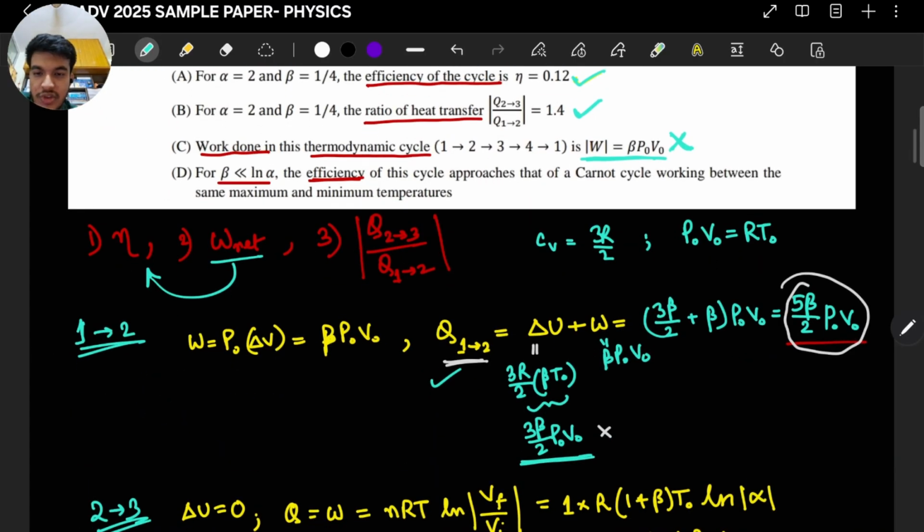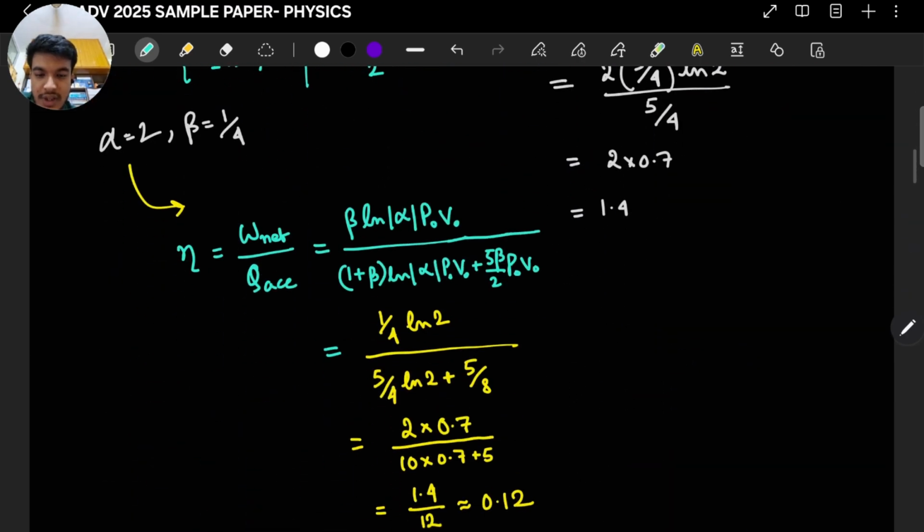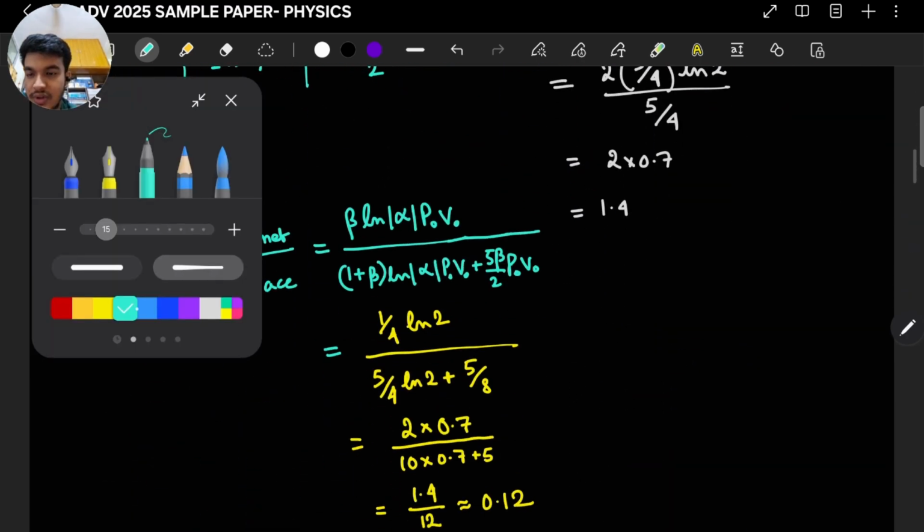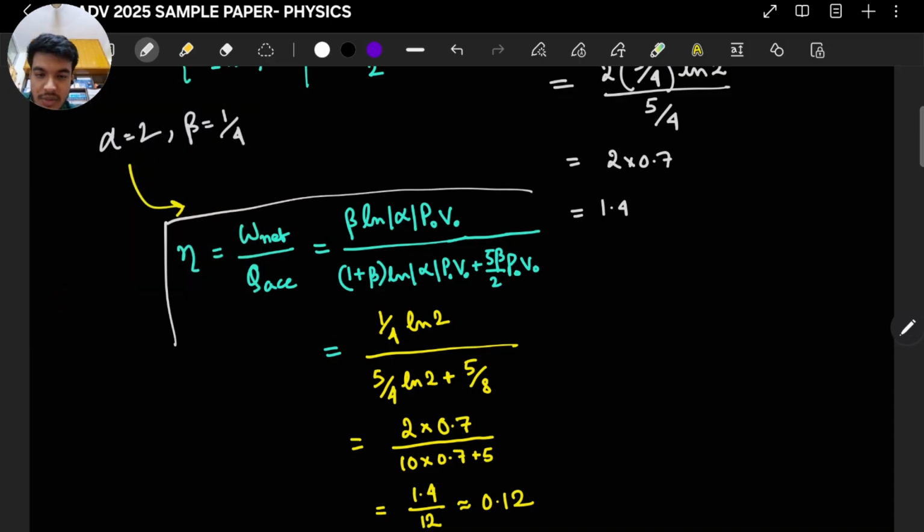Now for beta much less than ln alpha, we have already found the efficiency of this cycle in general terms.